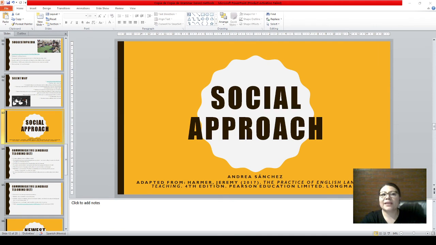Finally, we have the lexical approach, which was developed in the 90s. The lexical approach, as the word says, is focused on vocabulary. Basically we have this premise: language consists not of traditional grammar and vocabulary, but often of multi-word prefabricated chunks.